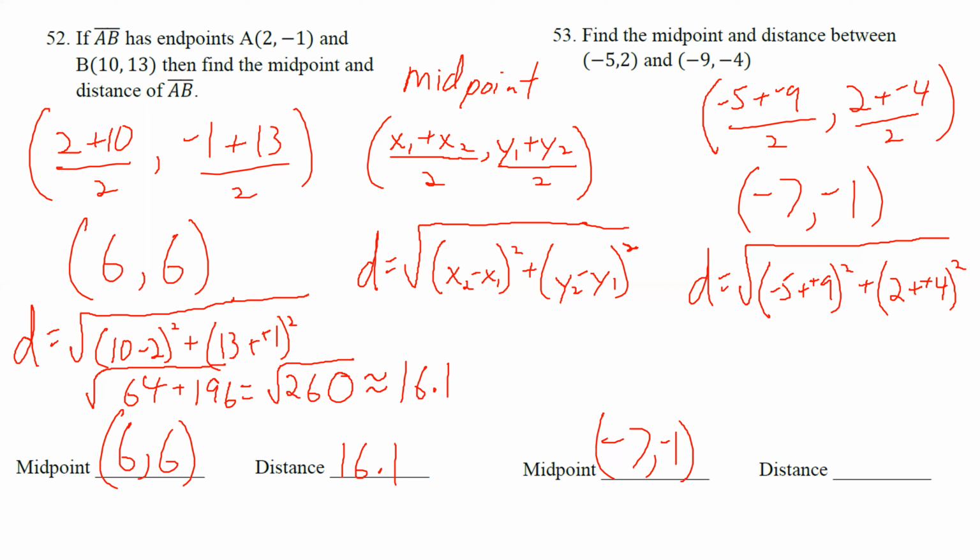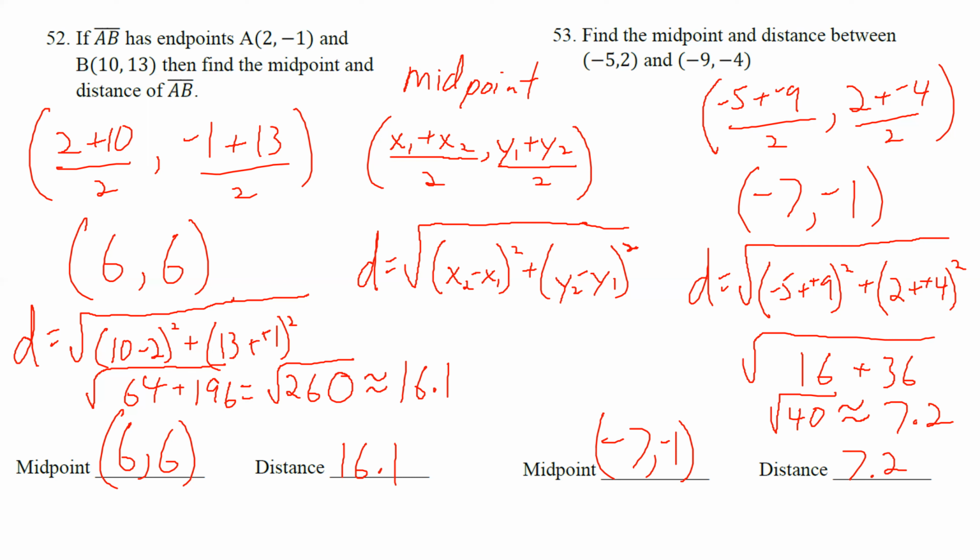So -5 plus 9 is actually 4. 4 squared is 16. Now on this side, we have 2 plus 4 is 6. 6 squared is 36. Add those two together and we get 40. That does not work out to a perfect square, so we're going to round this off to a decimal. Square root of 40 ends up being 7.2.